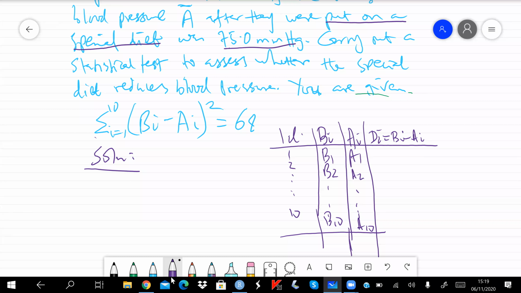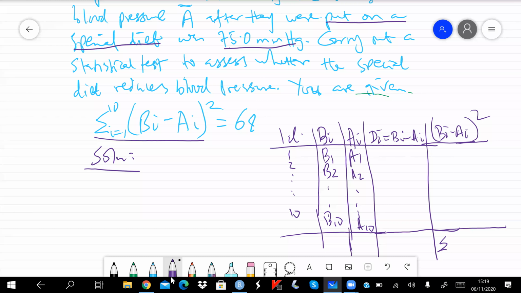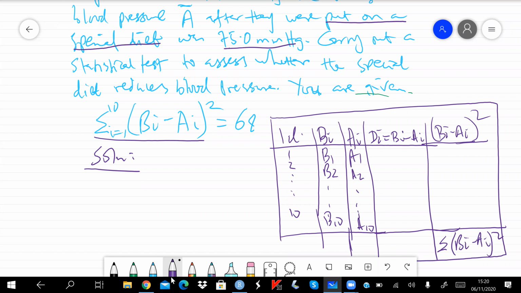But in the information given, we are given this squared, so I can have another column for BI minus AI squared. This is what we are given in the question. That information will be useful when calculating the standard deviation for the differences.